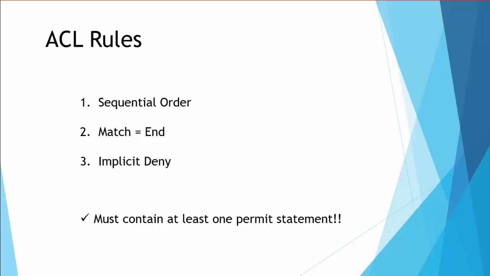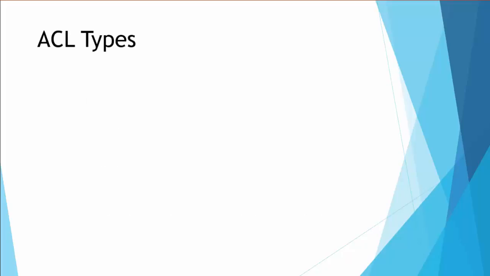Now that we have the basic rules down, let's look at some of our options for choosing the right kind of ACL for our needs. There are two main types of access lists that we can build from. The first is called a standard ACL. The only kind of criteria that can be used for this type of ACL is a source IP address.